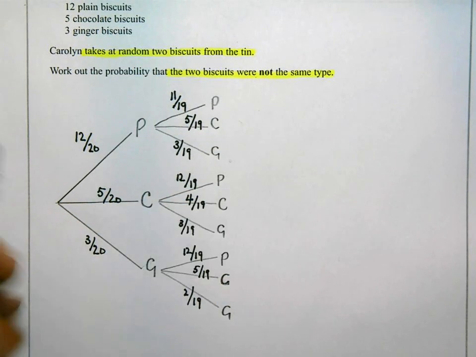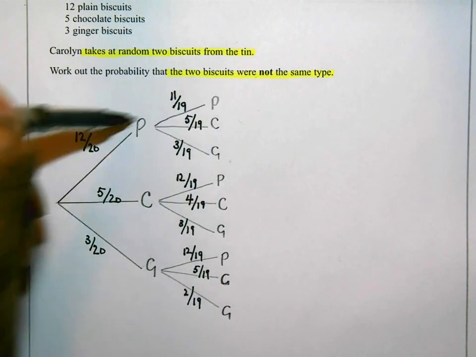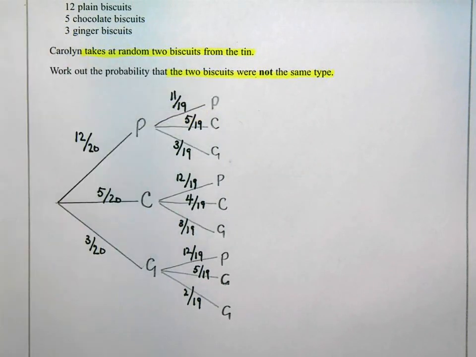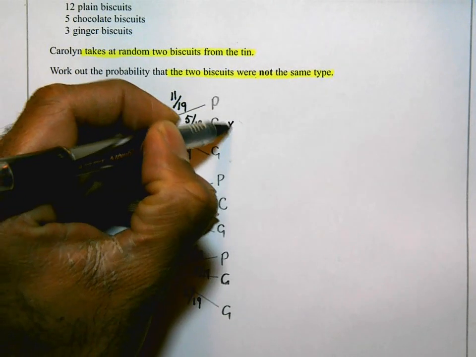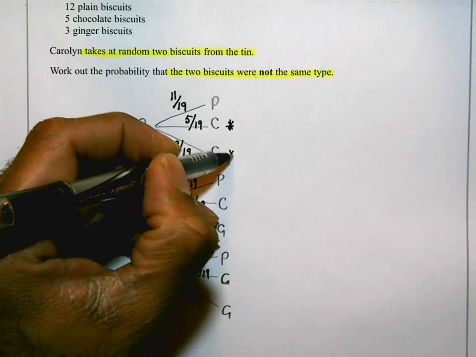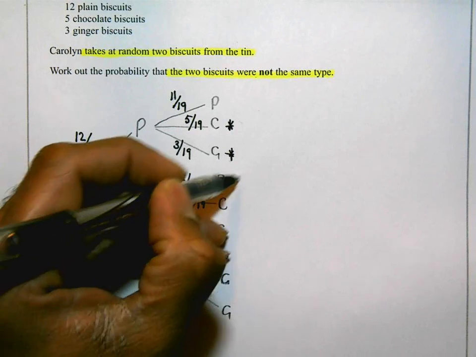So basically working out the probability that they're different. If I work my way along the branches, that's plain and plain, so they're the same there. That doesn't count. That's plain and chocolate, so I want to work out the probability there. Plain and ginger, yep, I want to work out the probability there. Chocolate and plain, yep, different.